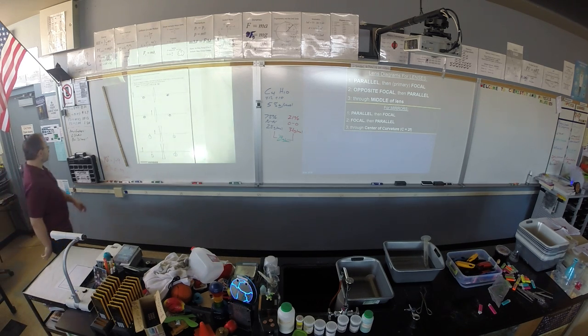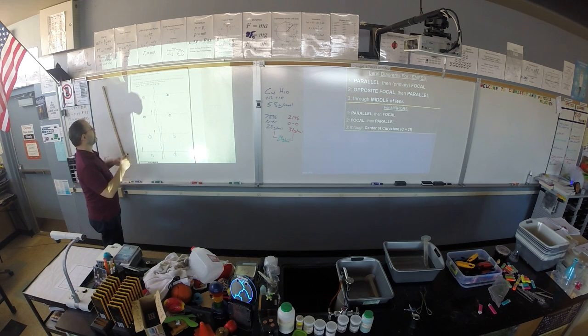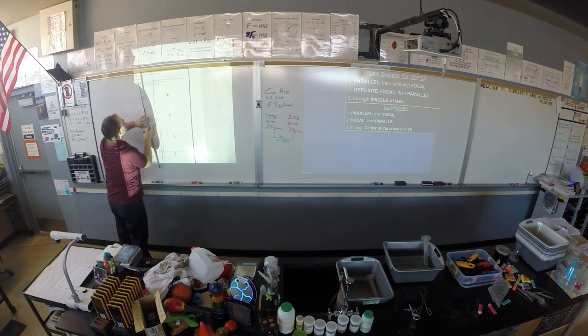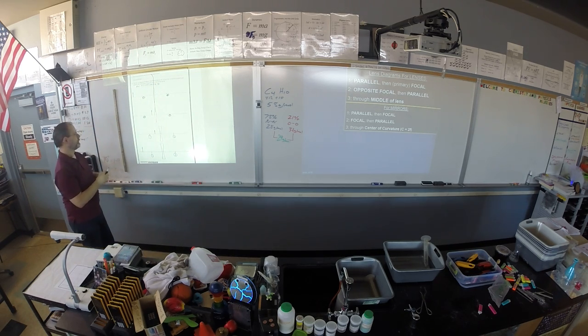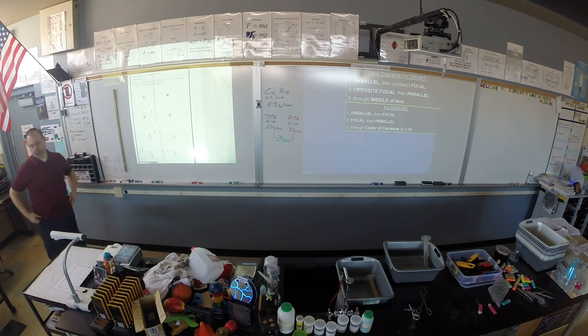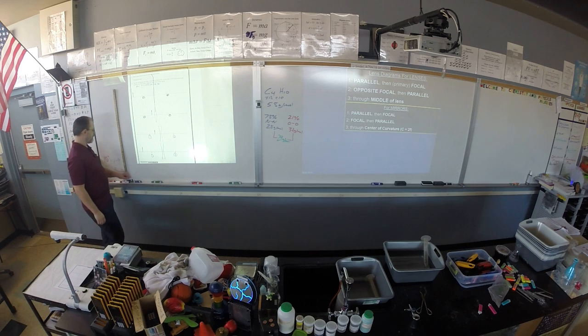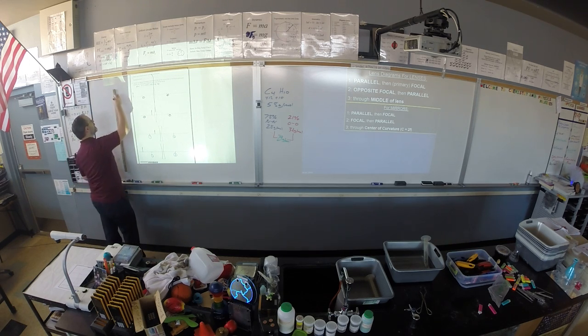First and foremost, we do not break the rays at the device. We break them at the normal. So let's draw in our normal. I'm going to make my first ray red.